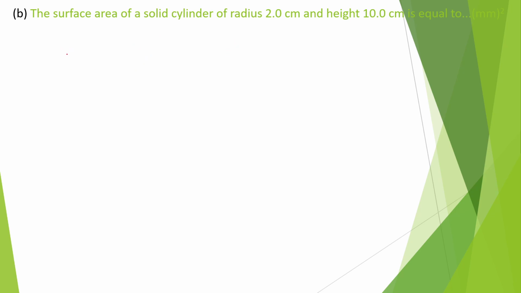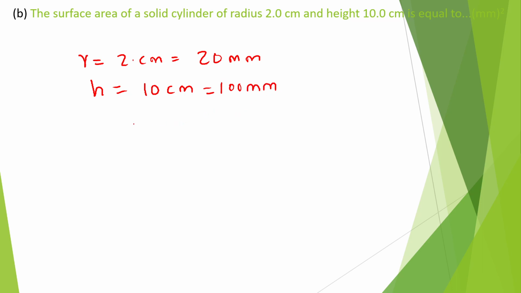So first you will write the given data. Radius r is equal to 2 centimeter. Since 1 centimeter is equal to 10 millimeter, 2 centimeter is equal to 20 millimeter. And height h is equal to 10 centimeter, so you know that 10 centimeter is equal to 100 millimeter, right?